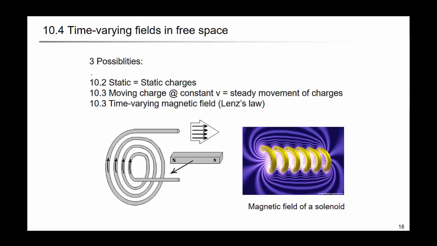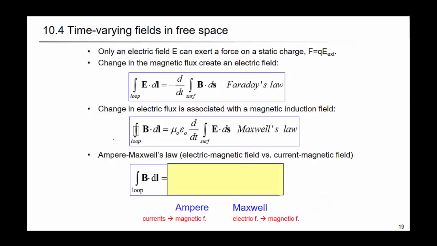You can think of this magnet moving back and forth, and then you have a current induced inside this coil, and the Maxwell equation reflects the last case.